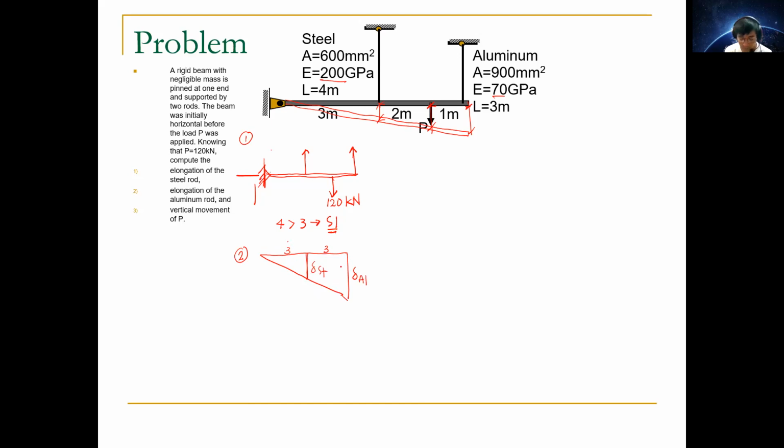Okay, next we're going to do some ratio and proportion. So compatibility equations first. Or you can also do the equilibrium equations first and then afterwards the compatibility equations, whichever you prefer.